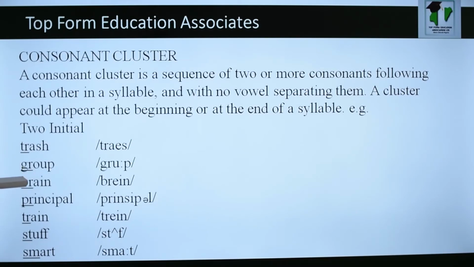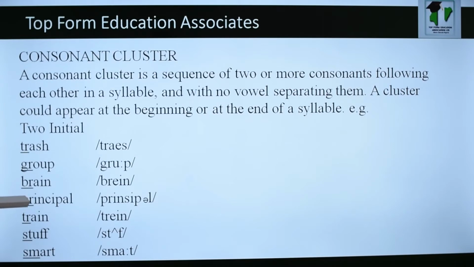We have brain. B, r, a, n. Brain. B, r, a, n. This is just one sound. This EI is the A sound, a vowel sound, while we have the cluster here, b and r.